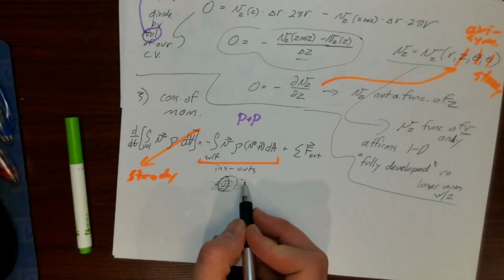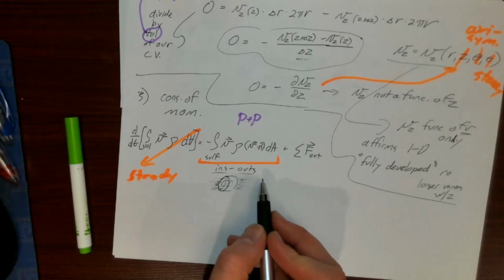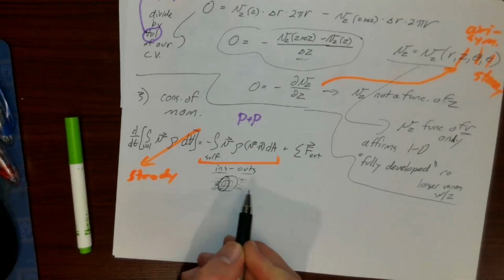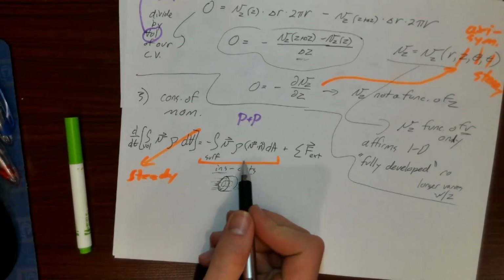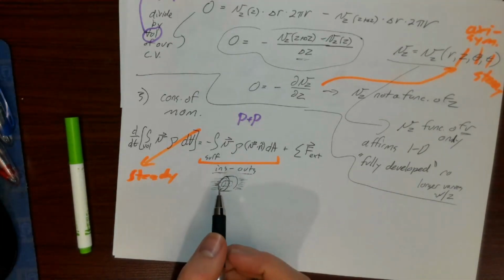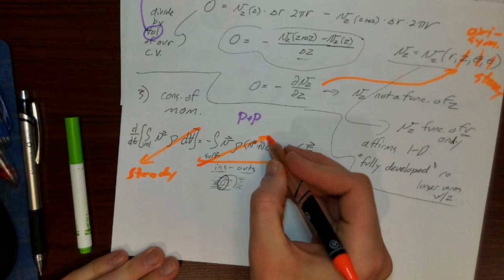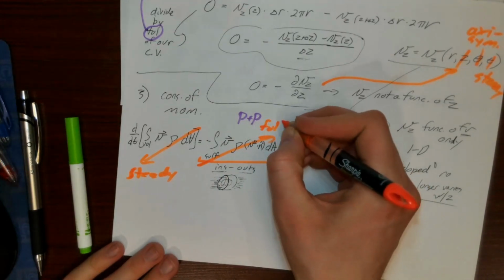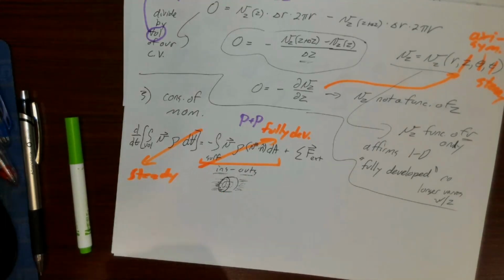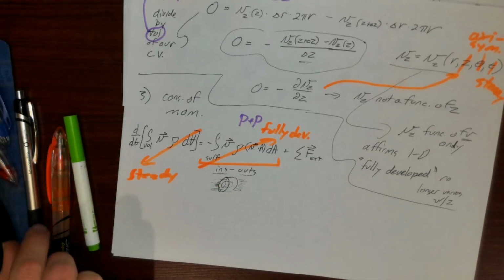But if the flow going out is exactly the same as the flow going in, my ins perfectly balance my outs for momentum. Stuff goes in, stuff goes out, and it perfectly cancels out in terms of this integral, because this integral counts both the ins and outs. So this essentially goes away because my flow is fully developed. I have the same amount of momentum entering as exiting, so the net momentum entering and exiting ends up being 0.